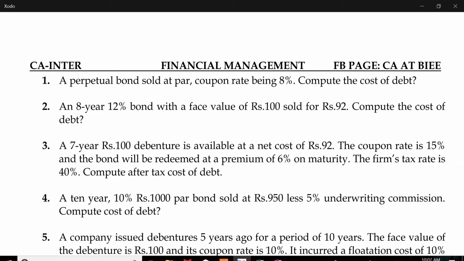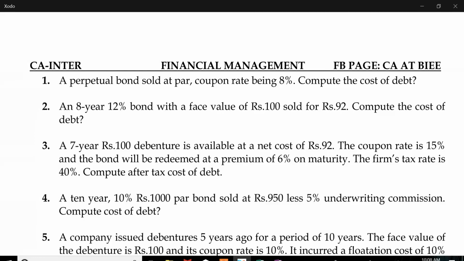A perpetual bond sold at par, coupon rate being 8%, compute the cost of debt. Redeemable, irredeemable.